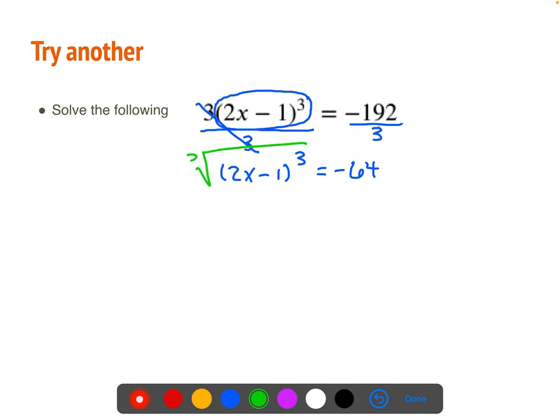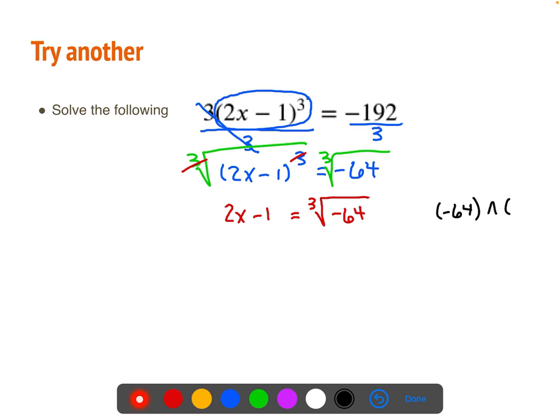And then I check, is he isolated? Yes. So now I'm going to cube root both sides. So cube and cube root cancel.